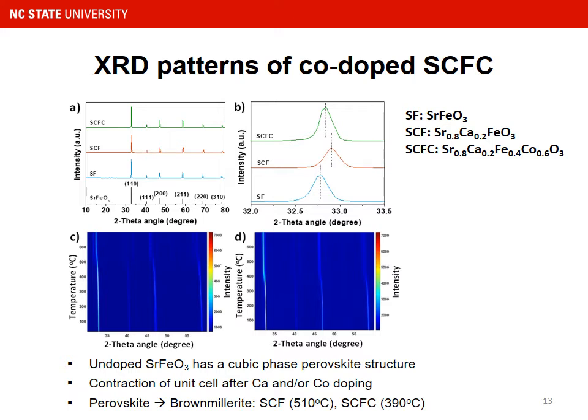By co-doping calcium and cobalt into the strontium ferrite structure, we reduced the phase transition temperature from 510 to around 390 degrees Celsius. It shows that this co-doping strategy is effective for reducing the reduction temperature, which is consistent with our theoretical calculation as well as the oxygen TPD analysis.